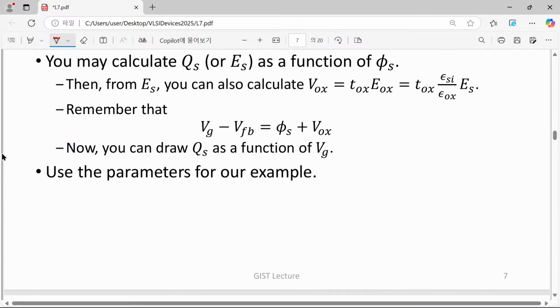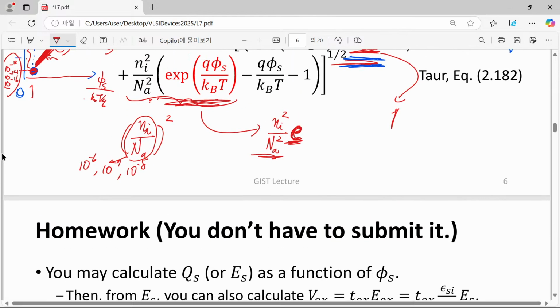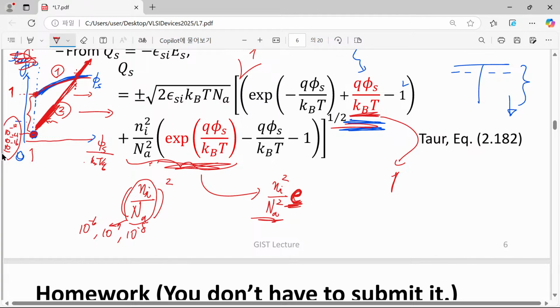Threshold voltage is a property of your gate voltage, whereas right now we are talking about surface potential.